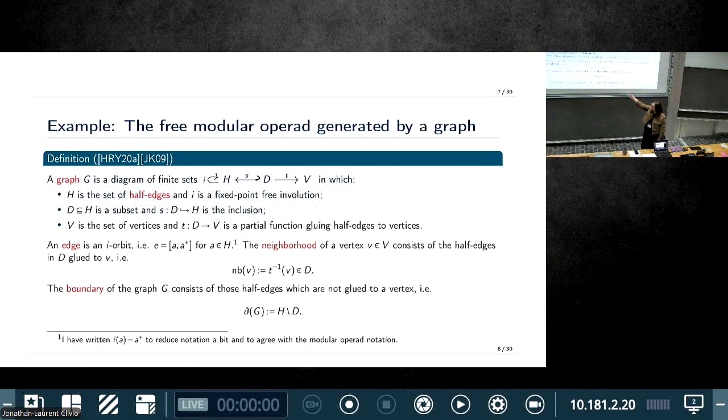I will occasionally write it as E is A times A dual. And I'm using the dual notation so that it agrees with the modular operad notation that I've used before.